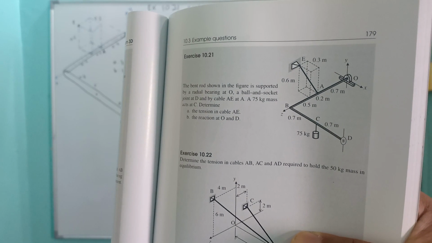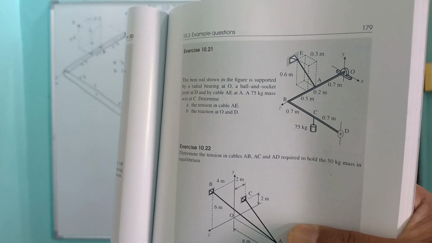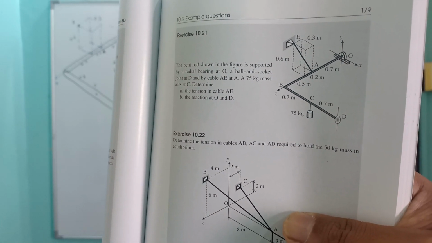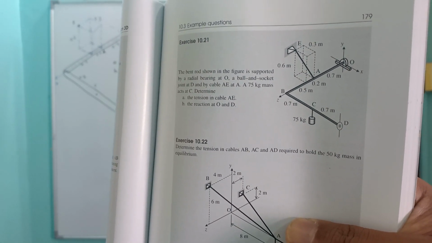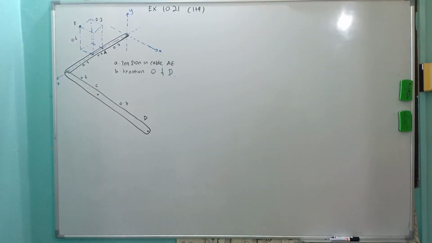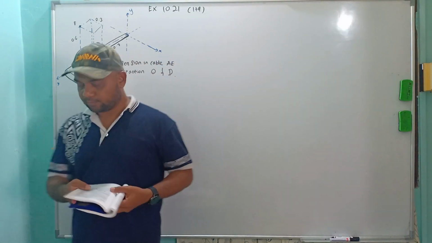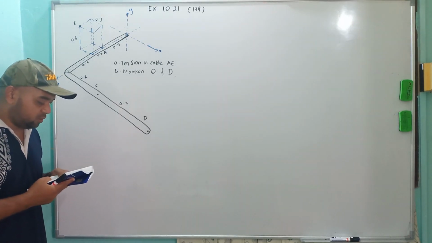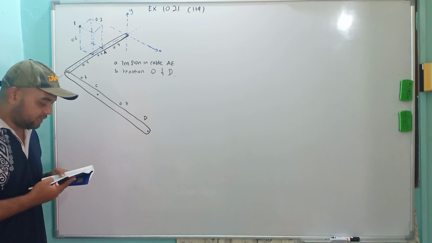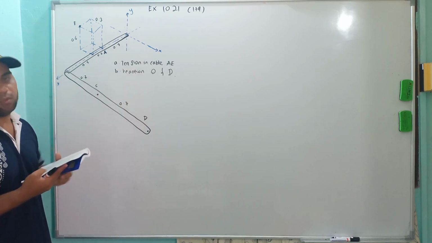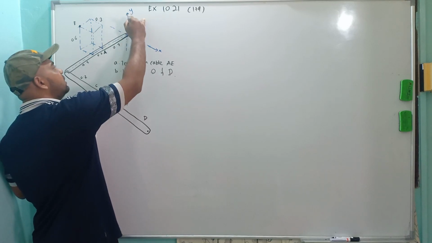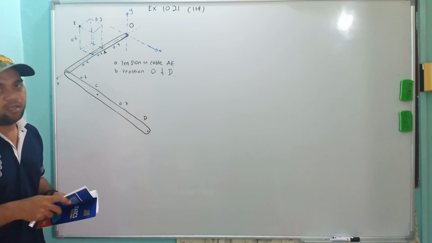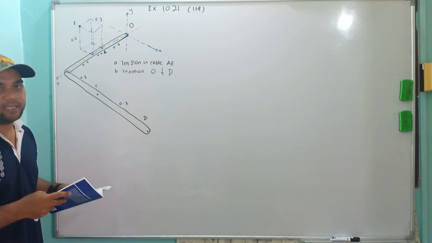You can see that at O there is a bearing, at D there is a ball and socket joint, and a cable at A. So that is for the figure. The question said the bent rod shown in the figure is supported by a radial bearing at O. Please check your table for the reaction at a radial bearing.